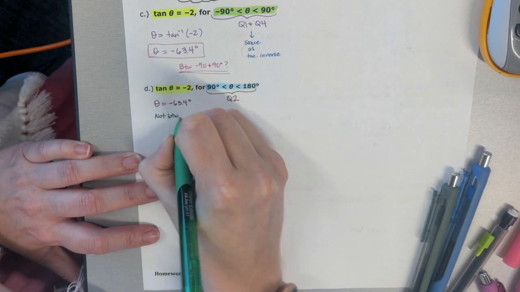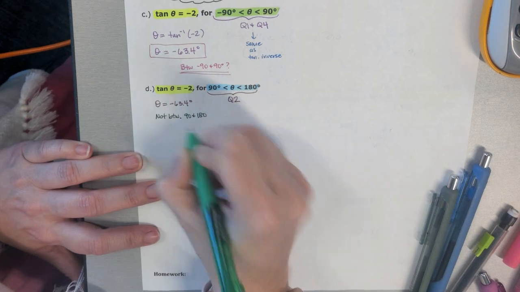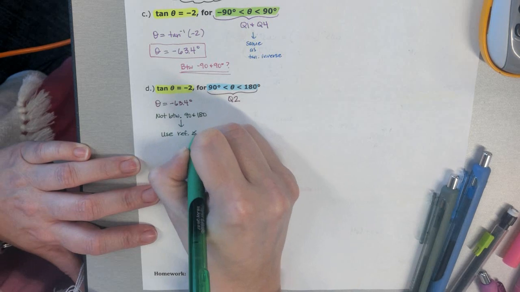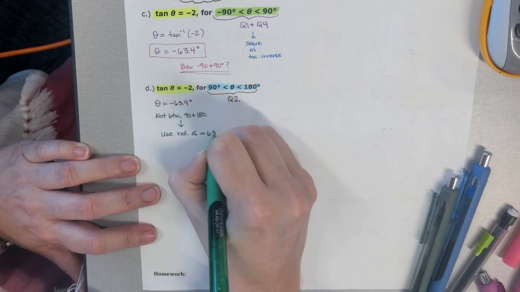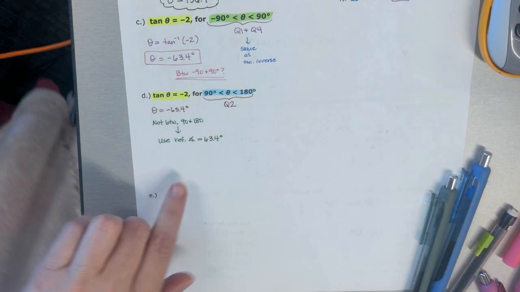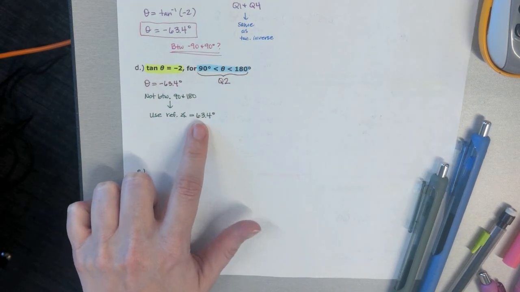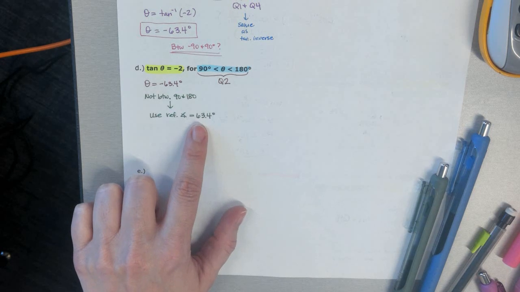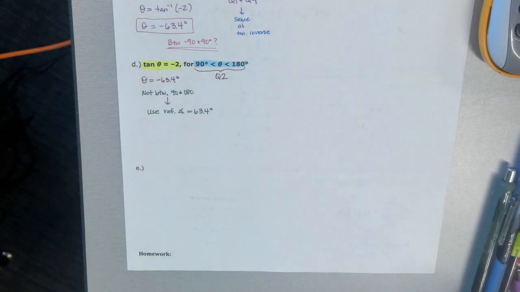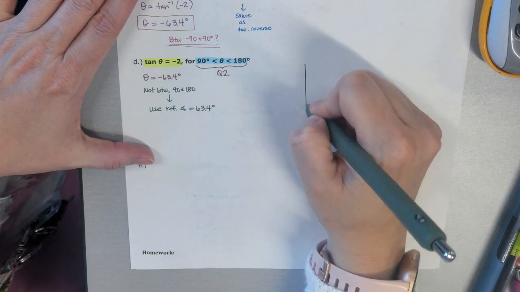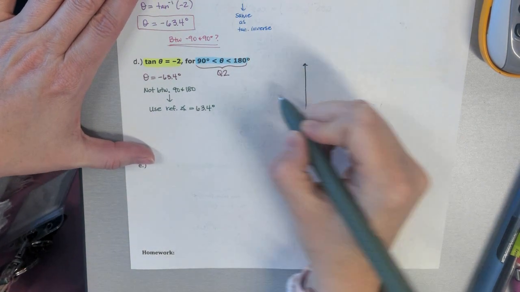So we have to use the reference angle of 63.4 degrees. Now, the reference angle is 63.4 degrees because remember, when you're doing a reference angle, they're always positive. So, what we're going to do is draw the reference angle in which quadrant? 2.